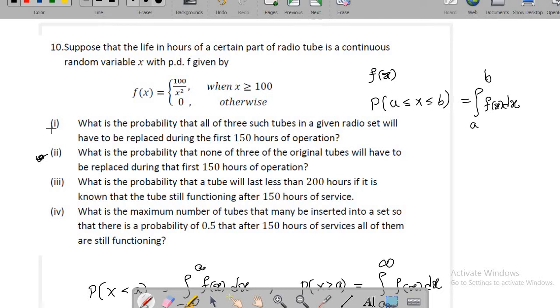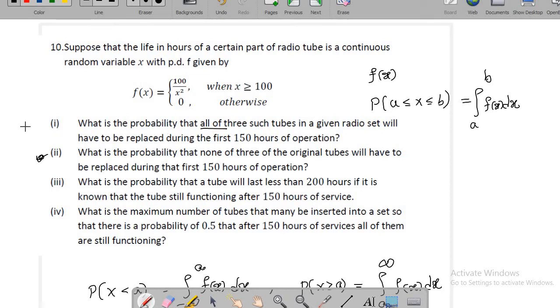I can't say that the second statement is exactly opposite of the first statement. Why? Because here there is something in between these two. The opposite of one is not the other. So the first question is about replacing all three tubes.